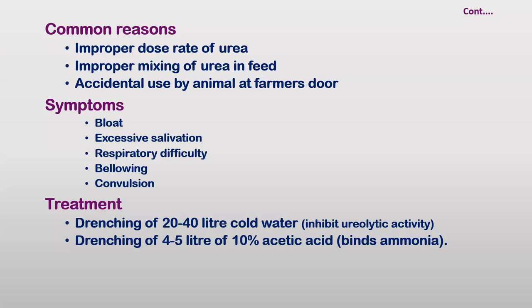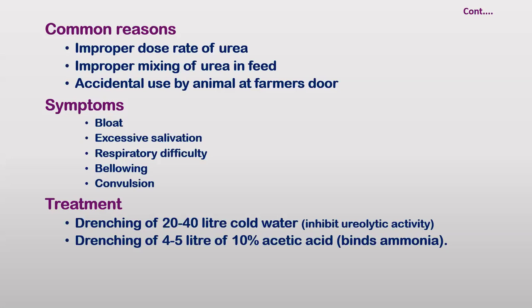The symptoms are bloat, that means gas production in the rumen, failure of the eructation process, excessive salivation, respiratory difficulties in the animals, bellowing, and simultaneously nervous disorders will occur, like convulsions may develop. So these are the symptoms of ammonia or urea toxicity.